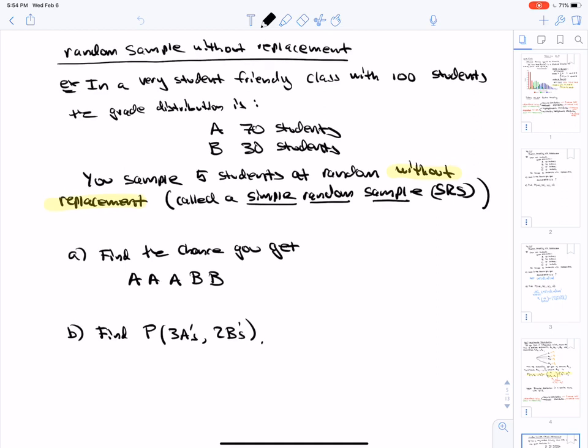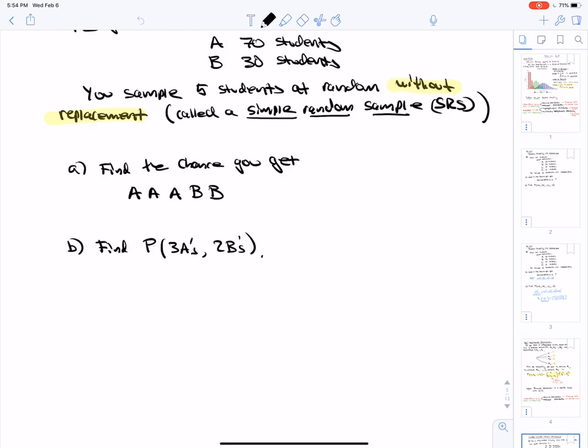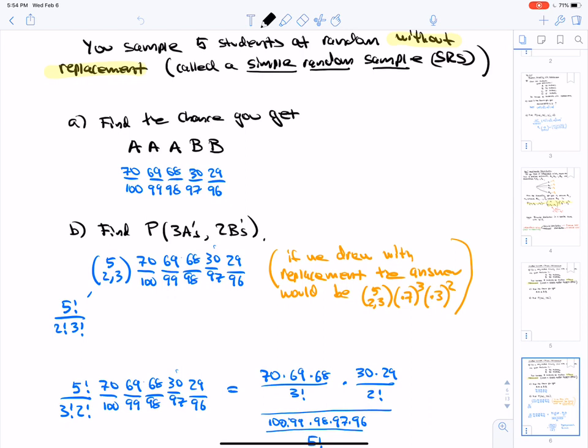Find the probability that you get 3 A's and 2 B's. Here, because we're drawing without replacement, after the first A, there's only 69 A's left out of 99 students. And continuing this way, we get the answer shown.